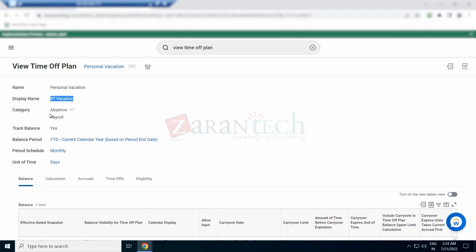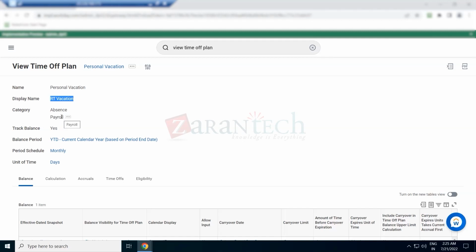Whenever we see a time off plan, you will see these two categories all the time, absence and payroll. If you are using Workday payroll, absence components are transferred to internal payroll directly by mapping. If you are using external payroll such as ADP, for example, or SuccessFactors or some other payroll vendors, then you need to map your absence component over there via earnings or deductions.